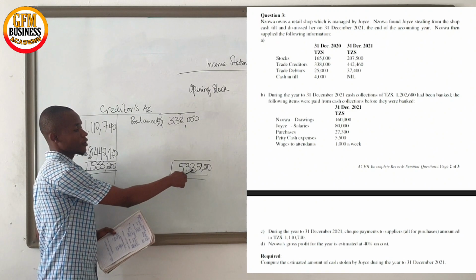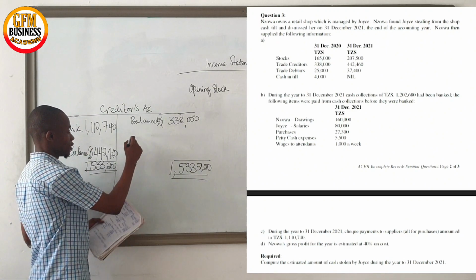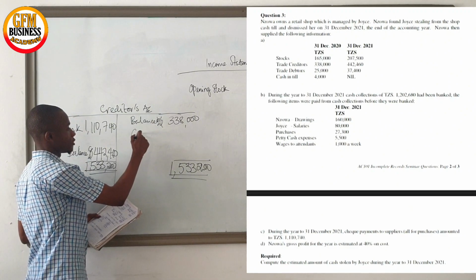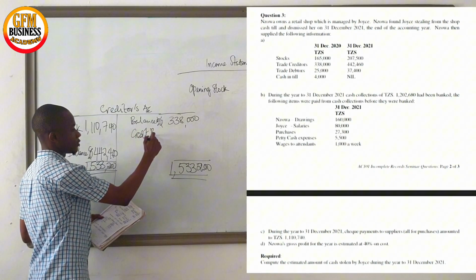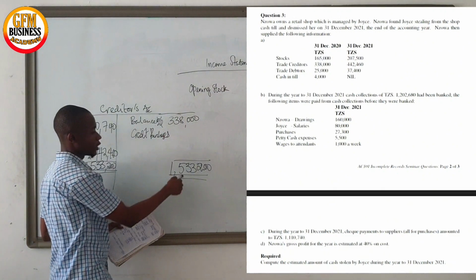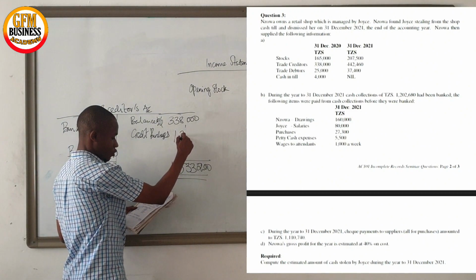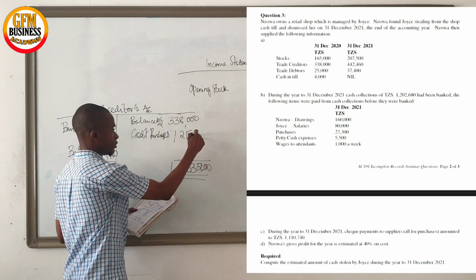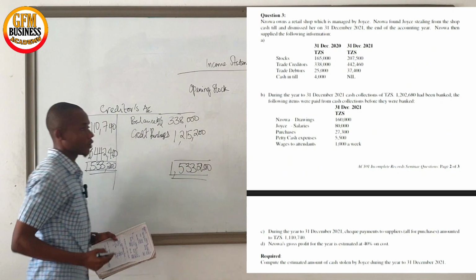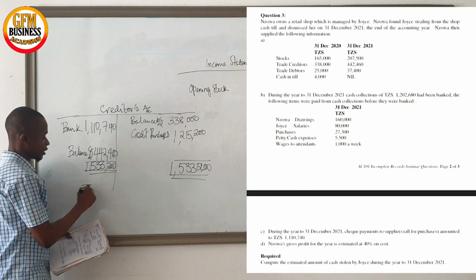You take 1,533,200 and subtract 338,000. You will get credit purchases, which will be 1,215,200.